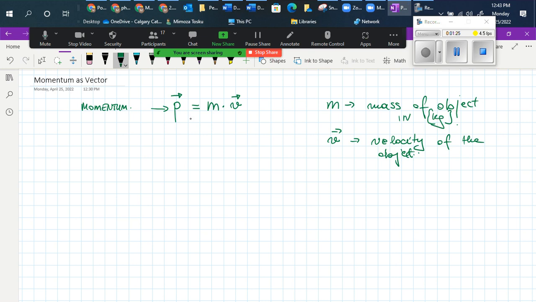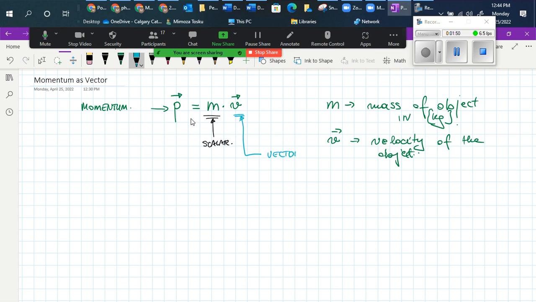Now, even if you see it from this relationship, you can see that mass is a scalar quantity. In order to fully identify it, we just need to state the magnitude and the units. And in this case, the units must be in kilograms. And velocity, on the other hand, is a vector quantity.